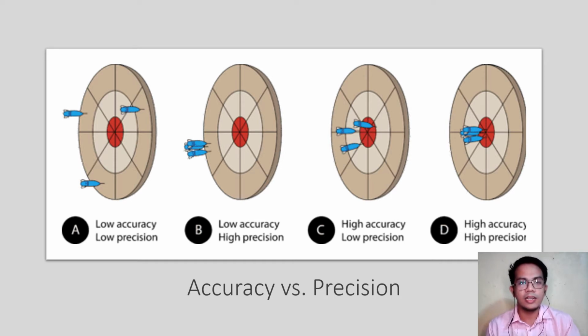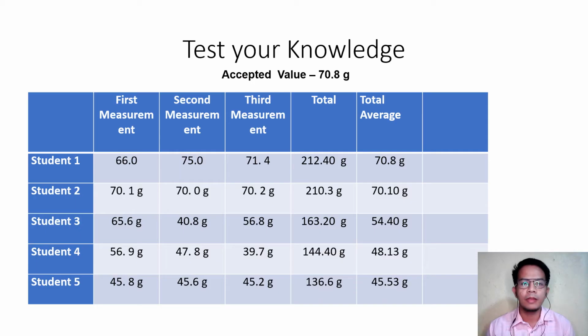This represents data that is accurate, not precise. However, if you were actually playing darts, this would not count as a bullseye. Then for the letter D, if the darts land close to the bullseye and close together, there is both accuracy and precision.